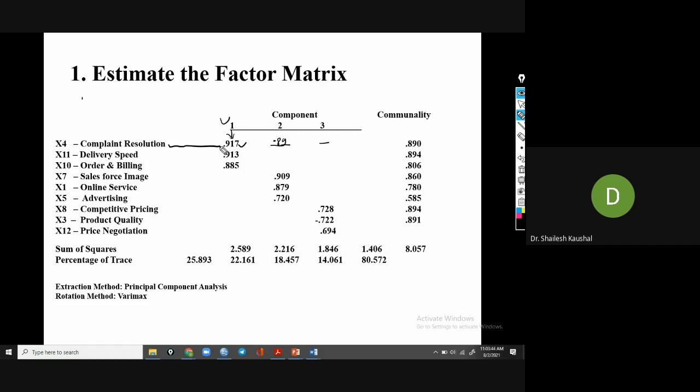When one variable shows a high value under this factor as well as another factor, it's a problem of cross loading, because we do not understand whether to take this variable under this factor or this. Theoretically it should have a high value under one factor and an unrelated or low value under the other two factors.